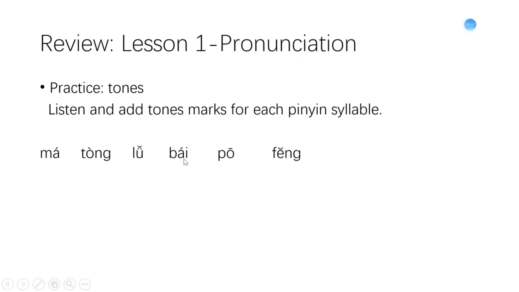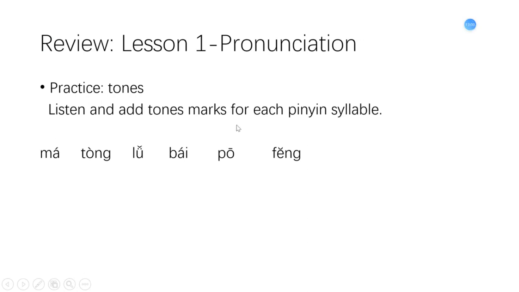Okay, next one, still second tone. Bai is upcoming, right? From a lower point to a higher point. Bai. And the next one, po, po. Maybe the first tone is easiest because only the first tone is high and level. It's the highest tone, and it's very level.